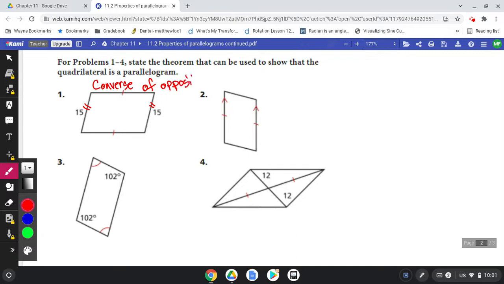All right, the second one here. On the second one, only one set of sides is used. The opposite sides are both congruent and parallel. Okay, so this was our opposite sides criteria. It's not a converse.